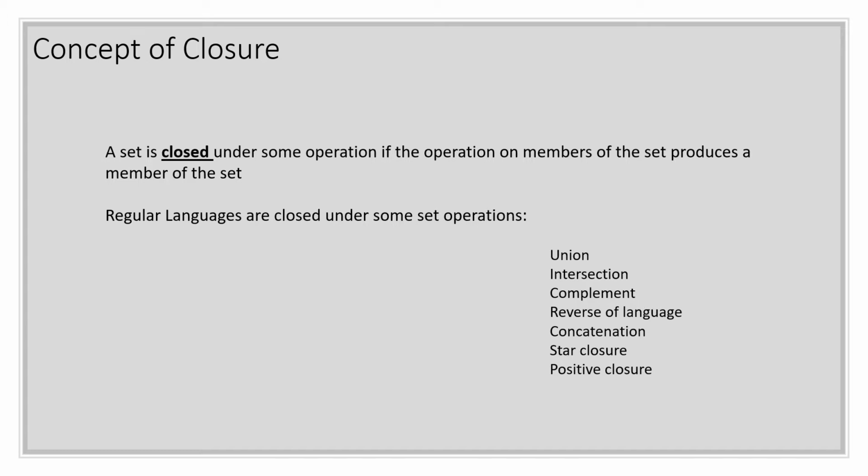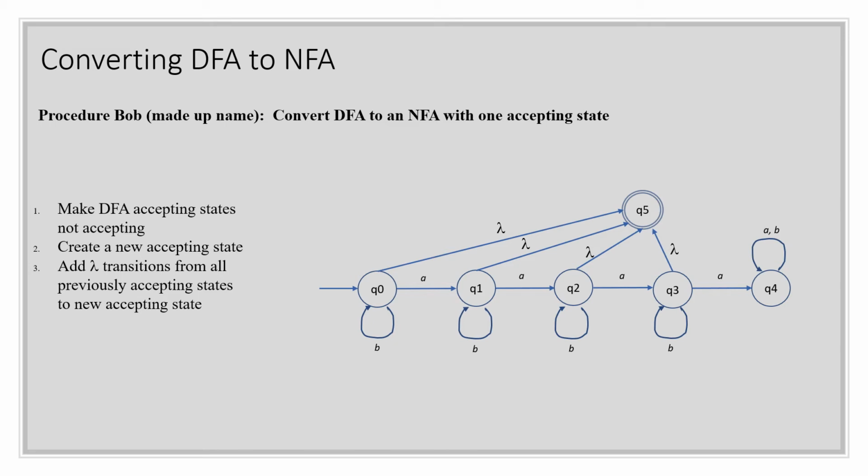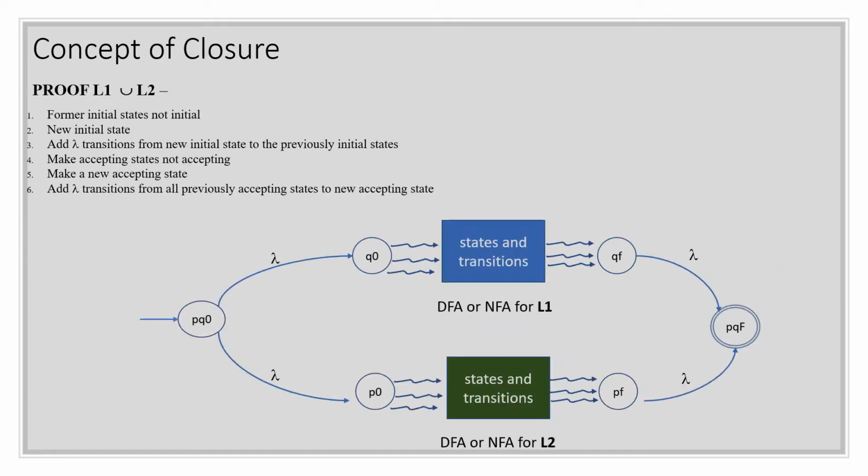You can use this procedure, which I call procedure Bob, to make a DFA into an NFA with one accepting state. That means one initial state and one accepting state. And you can use this procedure to demonstrate closure properties of languages. One is union. You just do procedure Bob on both languages, and then you can create a single NFA with lambda transitions to demonstrate the closure property of union on regular languages.